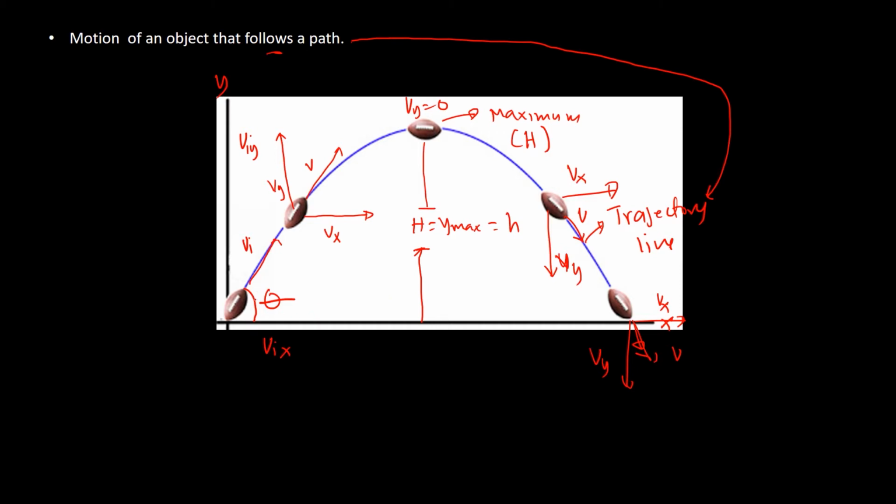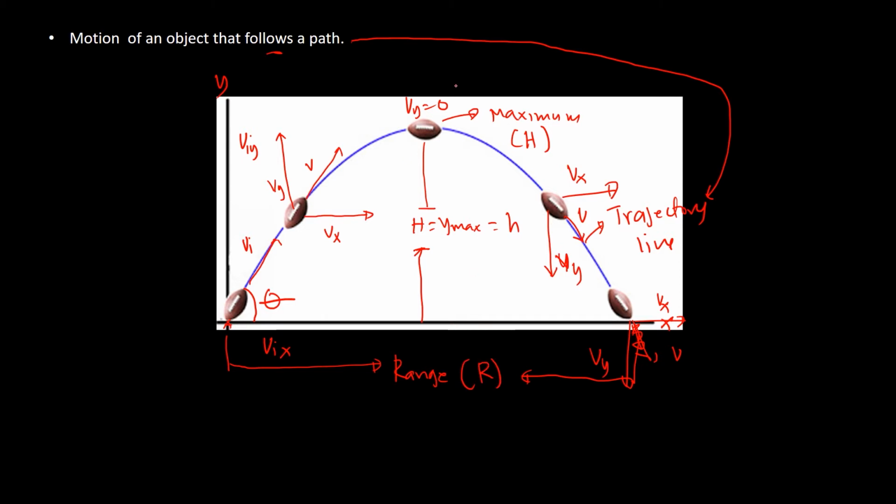So as you can see, the ball changes from the original position, let's say position A, into position B. That means that there is a change in displacement, and this displacement along the x-axis is what we call the range of this projectile motion. So we can write here range or big letter R.